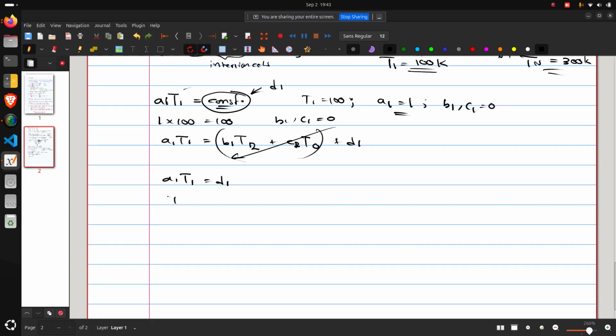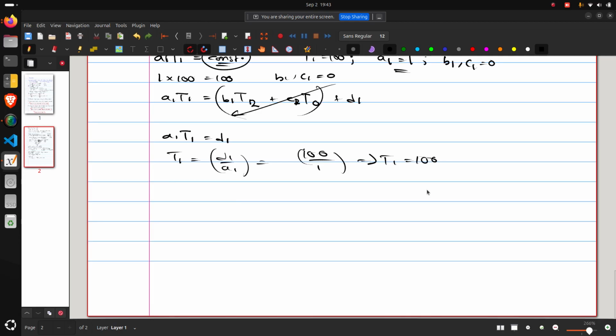So t1 is equal to d1 by a1, where d1 we have taken as 100 and a1 as 1. This is just an elaborate way to say that at the boundary we have a temperature specified. Okay, so now that we have this, let's see.